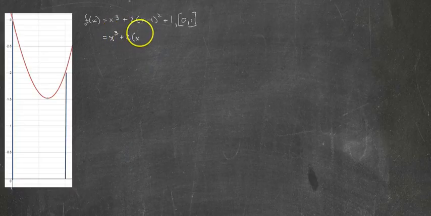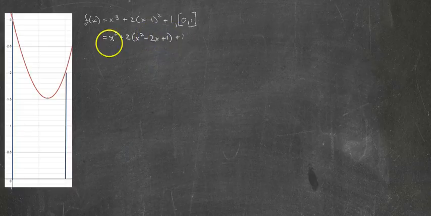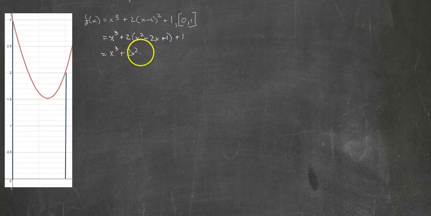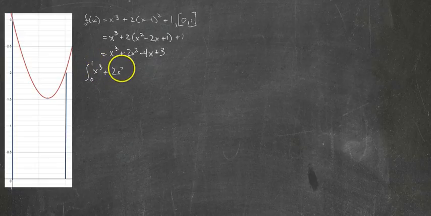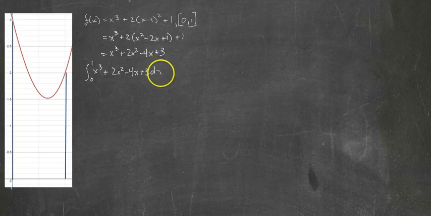So this is x cubed plus 2 times (x squared minus 2x plus 1) plus 1, which is x cubed plus 2x squared minus 4x plus 2 plus 1, plus 3. Now let's integrate from 0 to 1, x cubed plus 2x squared minus 4x plus 3 dx.